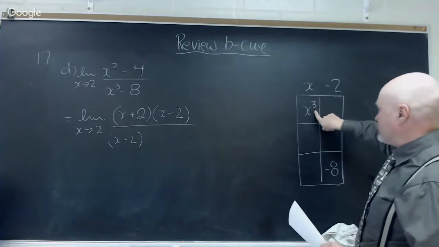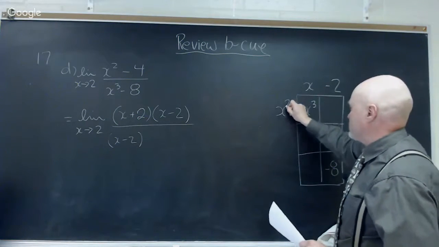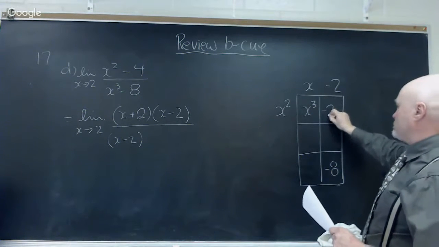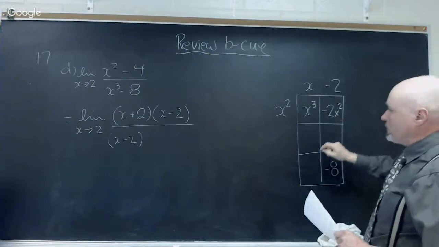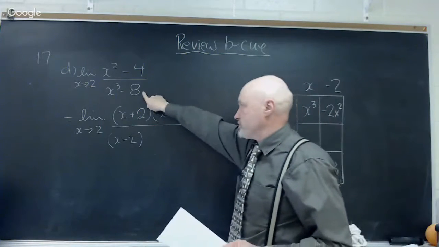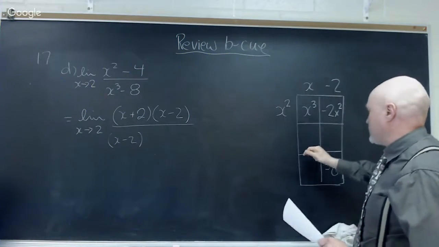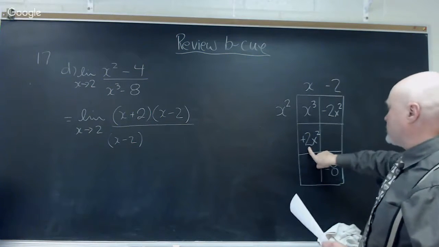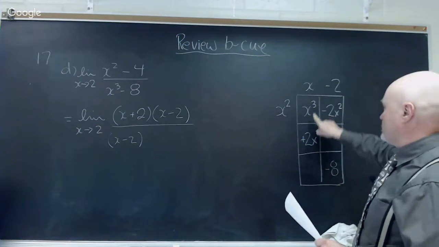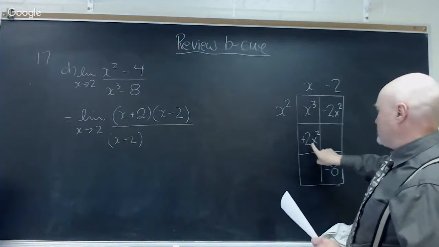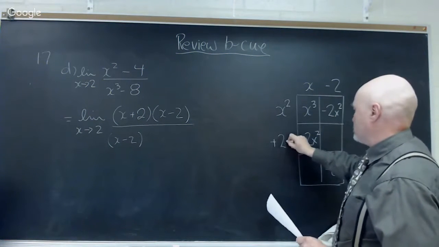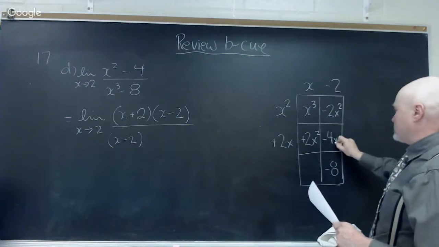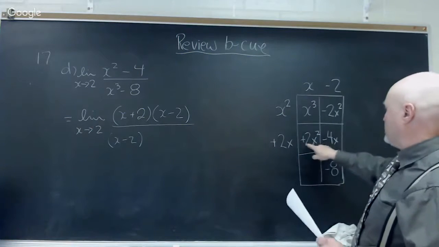So something times x is x cubed, and so that's x squared. So I know in this box, this must be a minus 2x squared. Now in my original expression, which is x cubed minus 8, there aren't any x squareds. And so I know that this must have been a 2x squared in this box. X times something is 2x squared, and so this must be a 2x, which means that this is minus 4x right there.